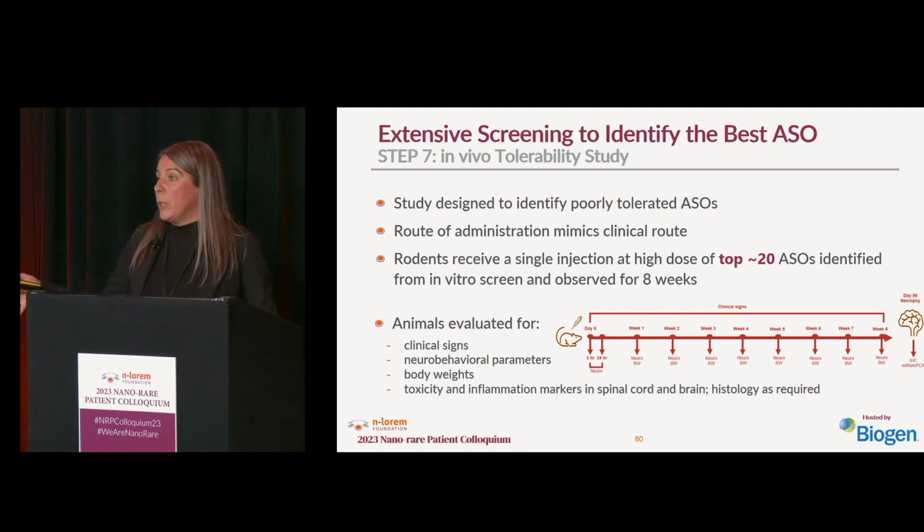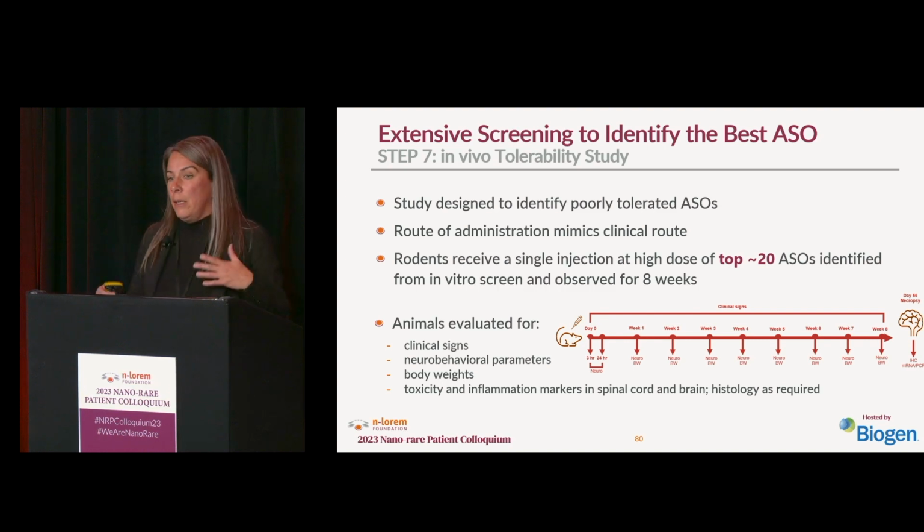And then once we reach that 8-week period, animals are taken down. And we collect tissues of interest. So for example, for a CNS target, we would collect spinal cord and brain. And we look for specific markers of inflammation and toxicity.